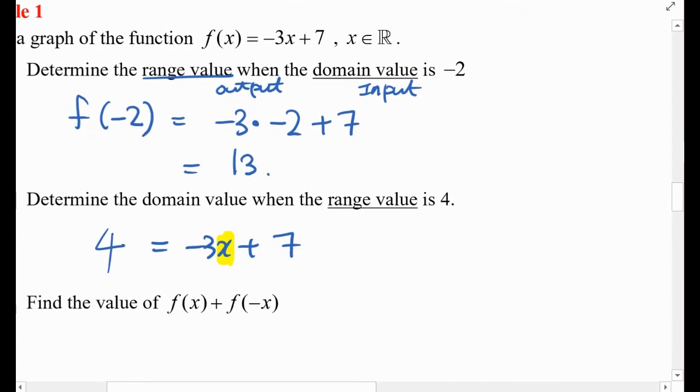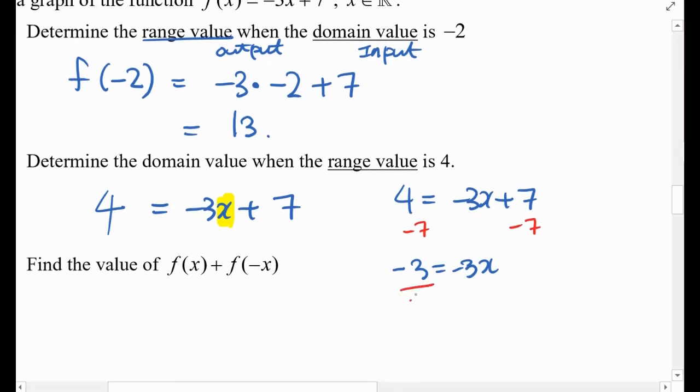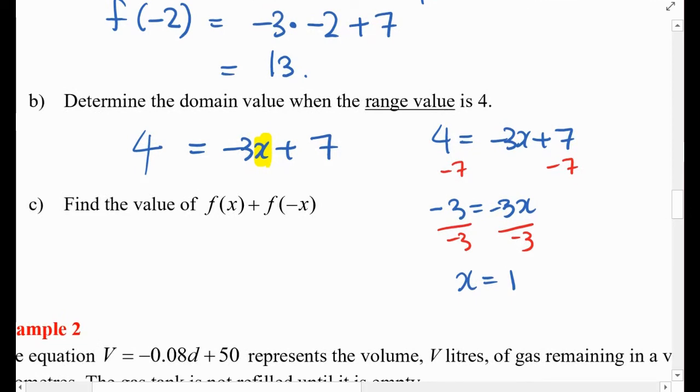Make sense? Now we're going to solve it. Isolate x by subtracting 7. Subtracting 7, then negative 3 equals negative 3x. And let's divide both sides by negative 3. Then x equals positive 1. Okay.